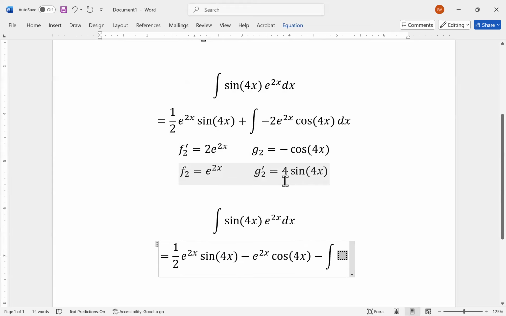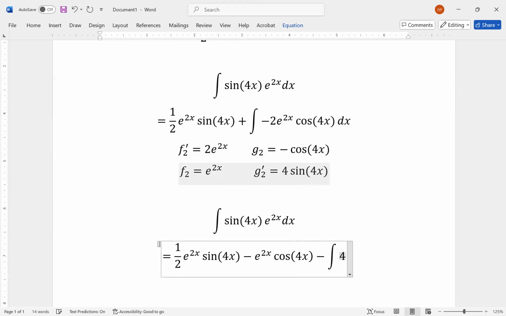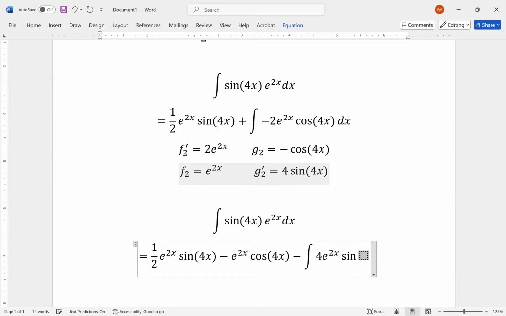I'll put the 4 out front. That's going to be 4 e to the 2x times sine of 4x.